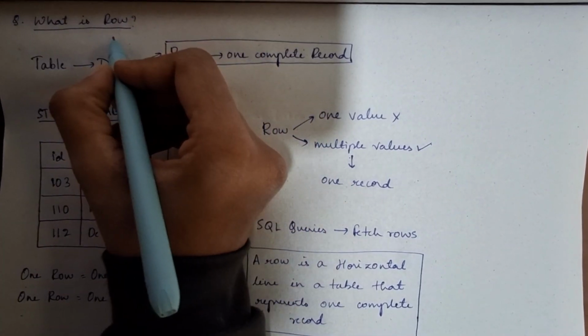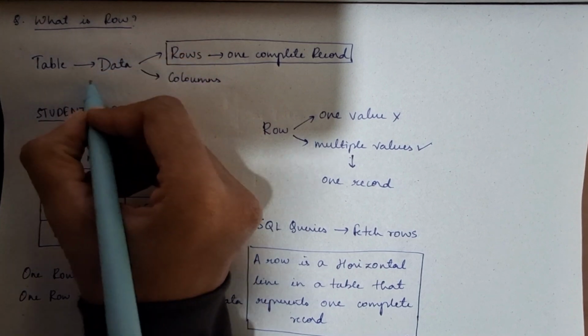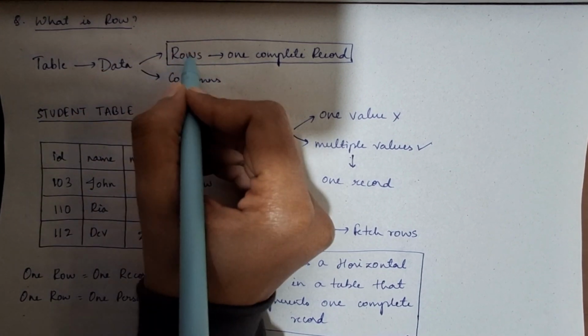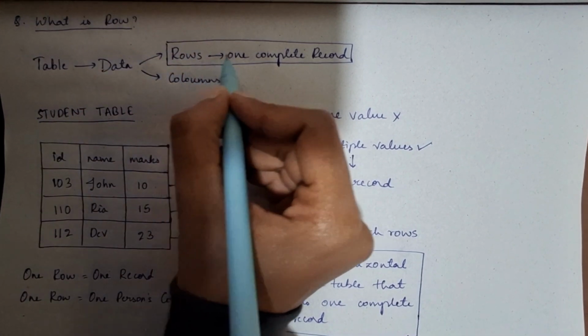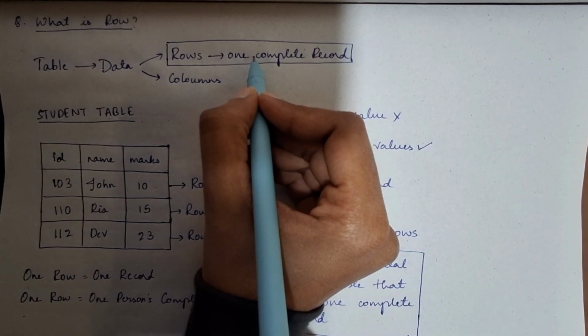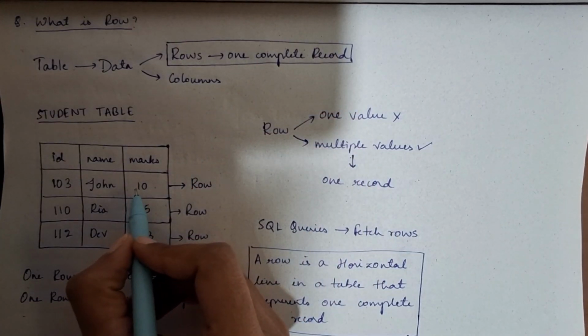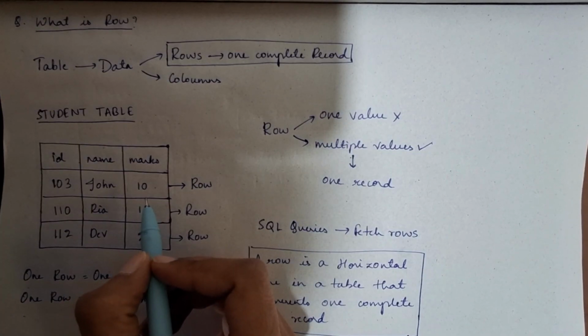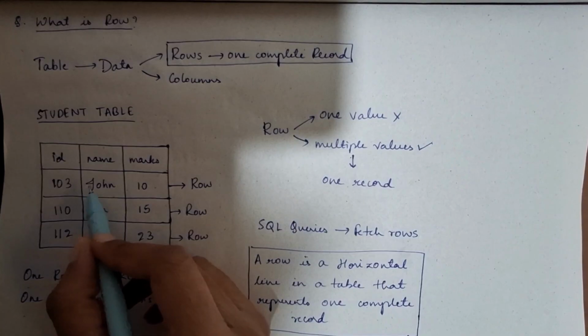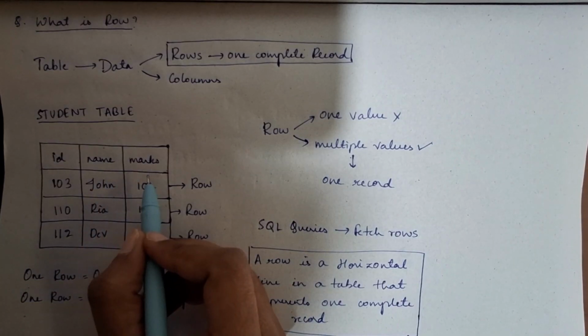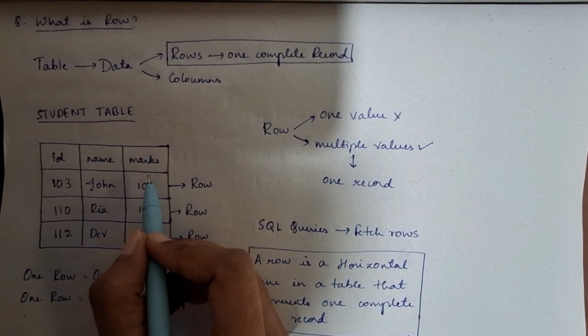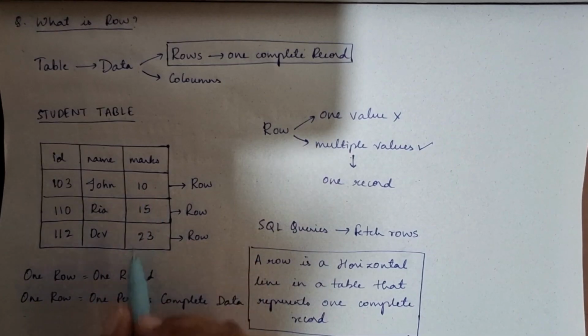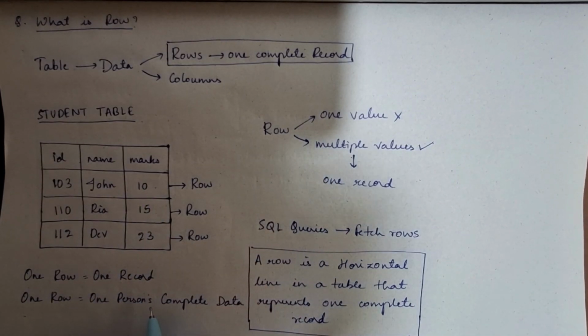Now let us understand what a row is. In a table, data is stored in rows and columns. A row represents one complete record. So guys, this is a student table and this table has 3 rows and each row contains the details of one student. That is student ID, name, and marks all together in one row. So please remember this clearly: one row represents one record, that is one person's complete data.